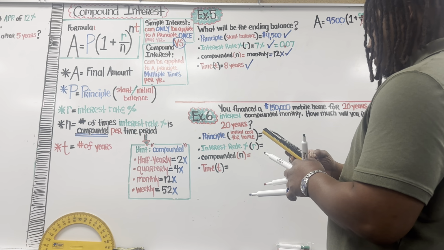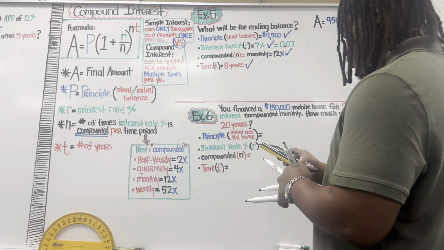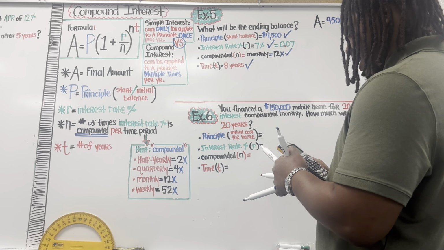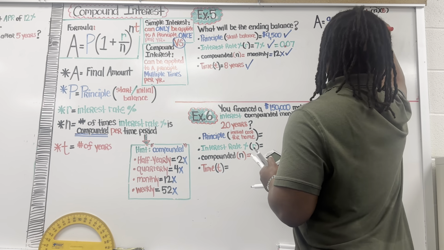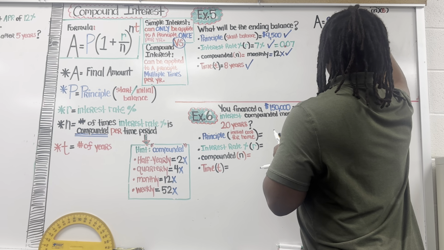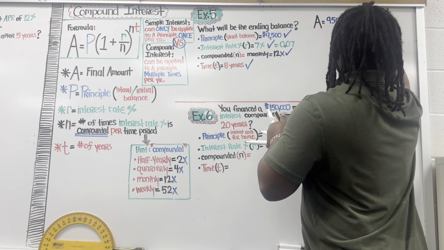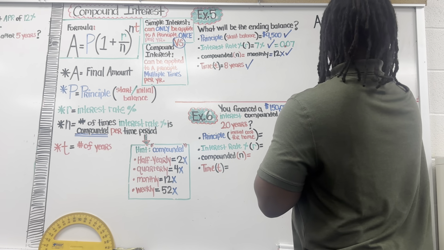So 0.07 divided by 12 equals 0.00583. It is actually a repeating decimal, but I'm just going to stop there. So it equals 0.00583.